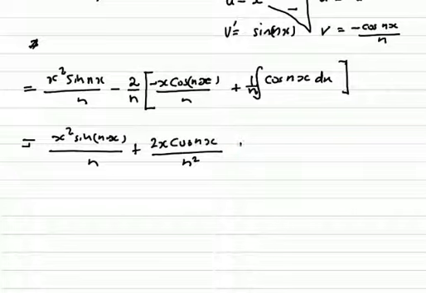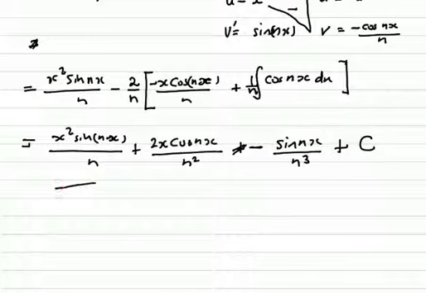So we're going to have this plus, so minus, because there's a minus sign outside there. Let's have this as minus sine nx all over n cubed plus c. You can double check that integral whether it's done correctly.